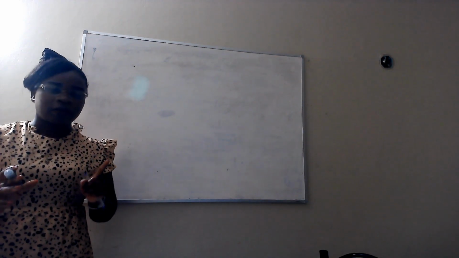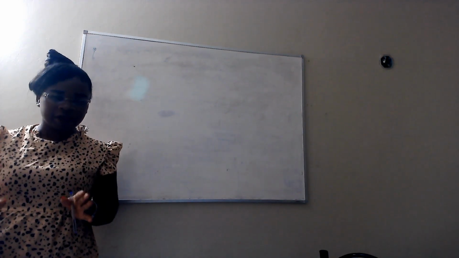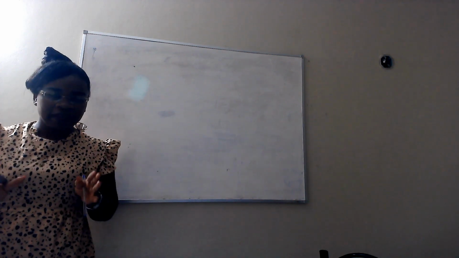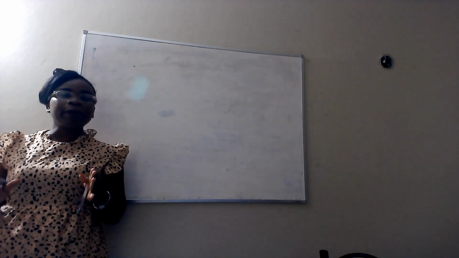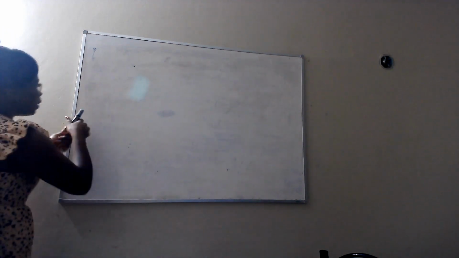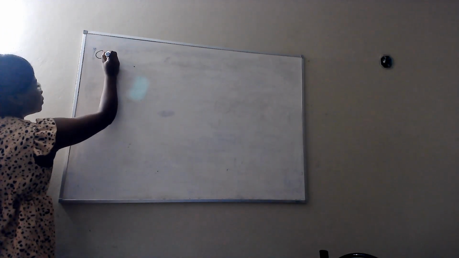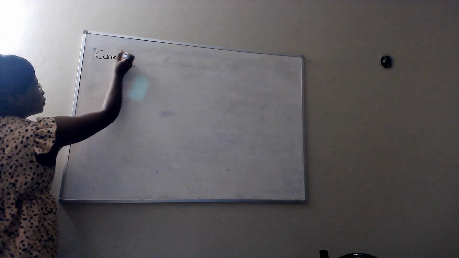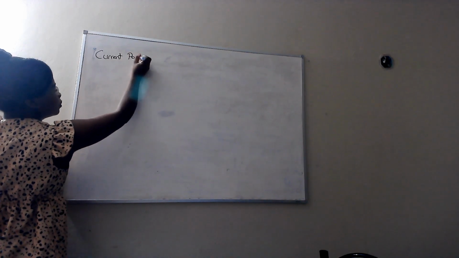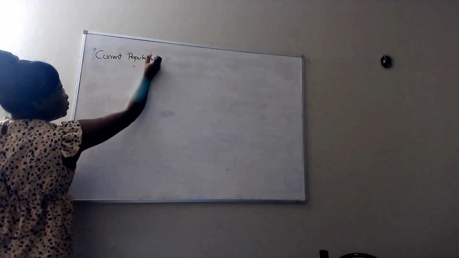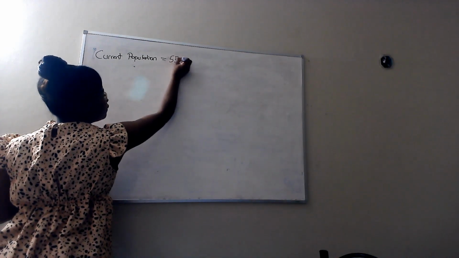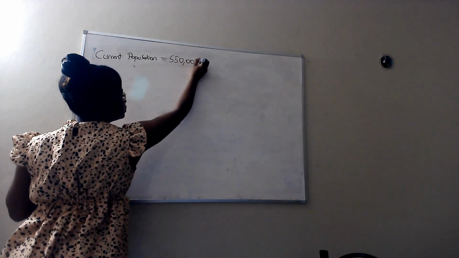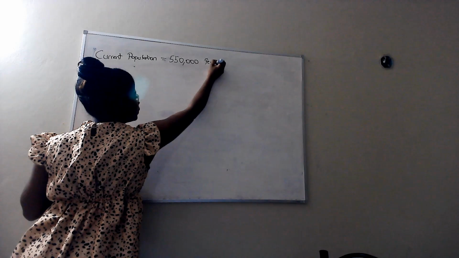We have 550,000 people living in Portsmouth. So the current population in Portsmouth is 550,000 people.